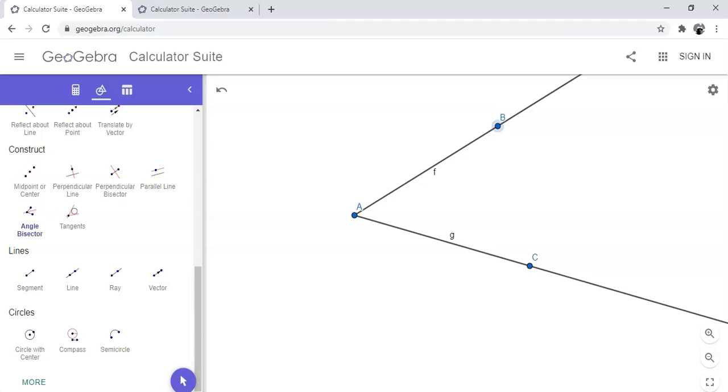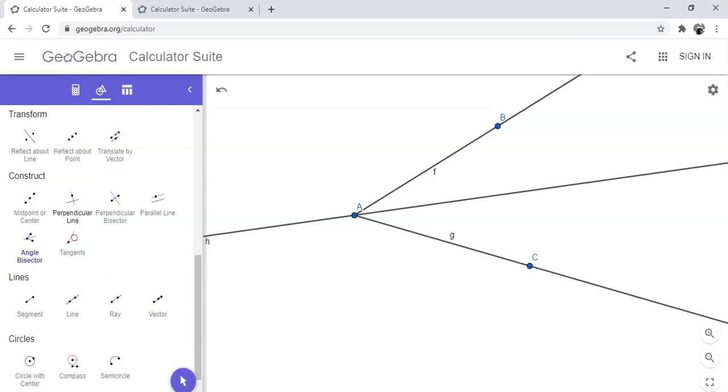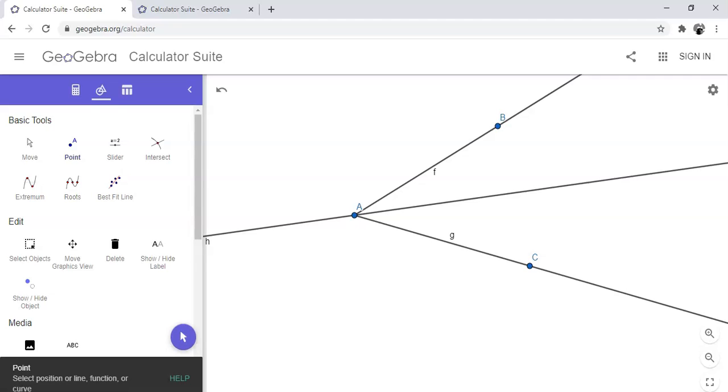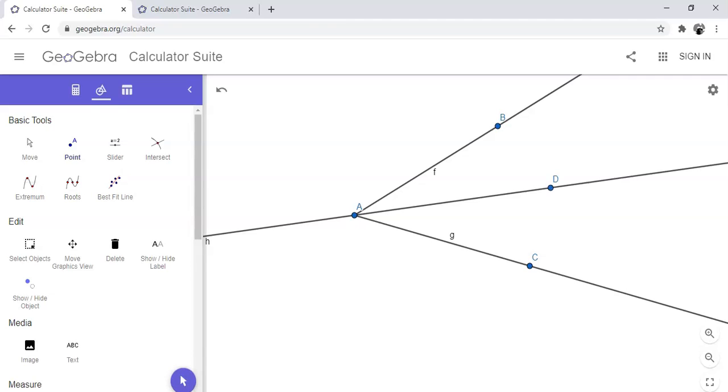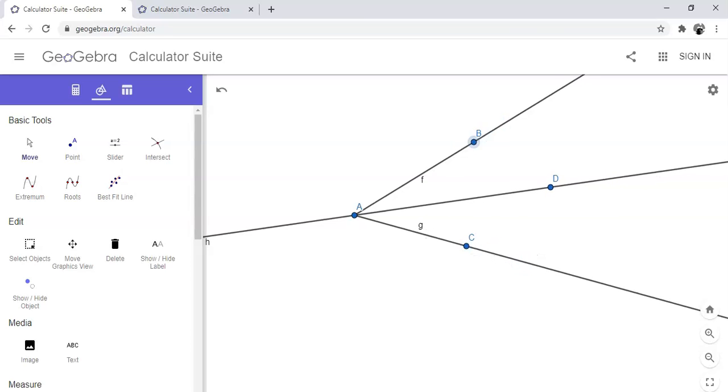So I'm going to select the 3 points here, and I get my angle bisector. I'm going to put a point on the angle bisector here, and the question for us then is, what seems to be true about this point on the angle bisector?